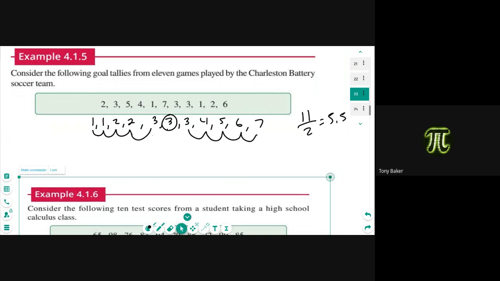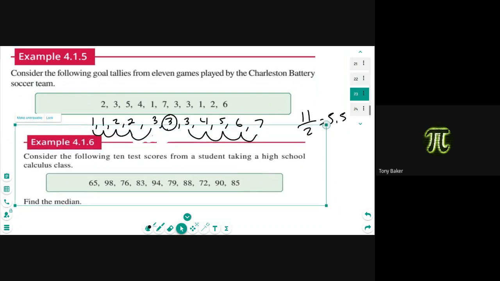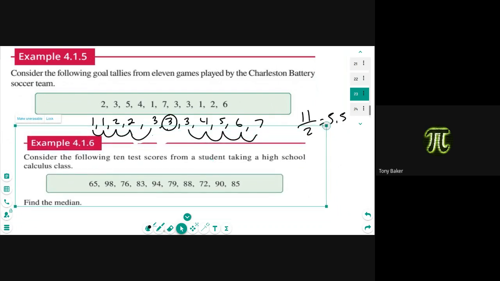The problem comes in is when we have an equal amount of numbers. So in this case, we have 10 numbers. Let's put them in order. 72.